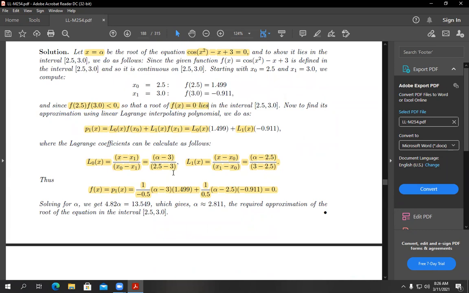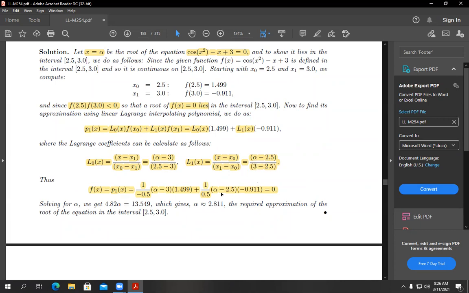This is a condition of the nonlinear equation. So we find the value of L0 and put the value here, because alpha minus 3, 2.5 minus 3, is minus 0.5. And for this one, you have alpha minus 2.5, 3 minus 2 is 1.5, and alpha minus.